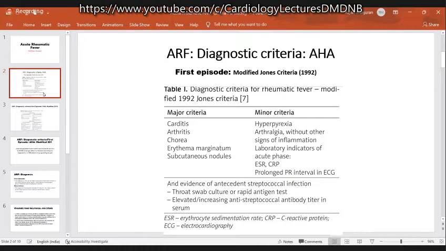If it is doubling in 2 weeks' time, then that is suggestive of increasing streptococcal antibody titer. So if you have a doubt, you would do the anti-streptolysin O titer, and 2 weeks later, you repeat it. If it has doubled, then you are sure that there is a streptococcal infection and there is a progressive increase in the antibodies against the streptococcus.